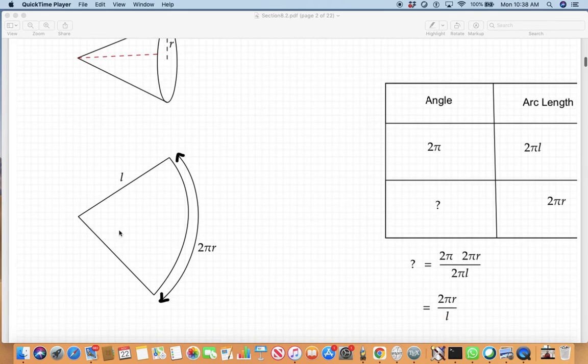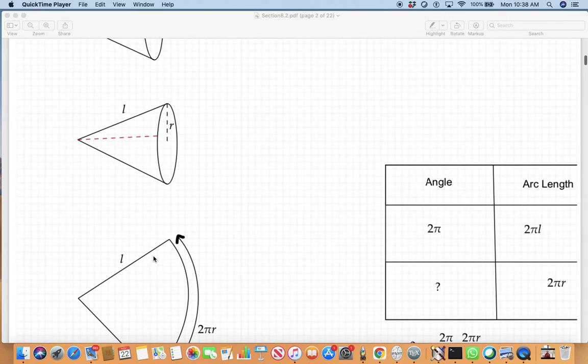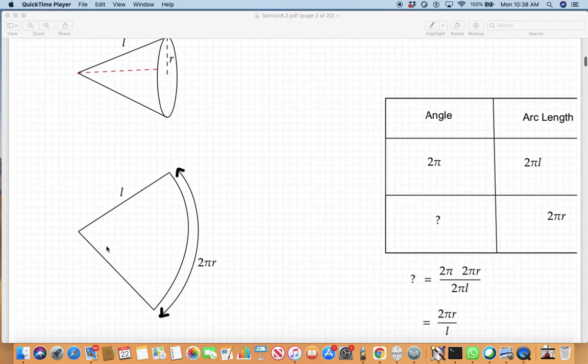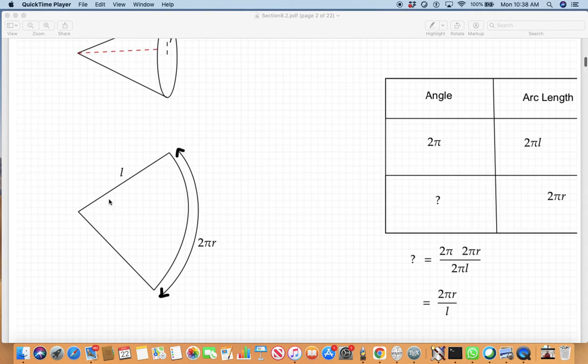Now, the question is, we can find the area of this, which will be the surface area of our cone, if we knew the angle. Well, how do we find the angle? This is again a proportion problem.